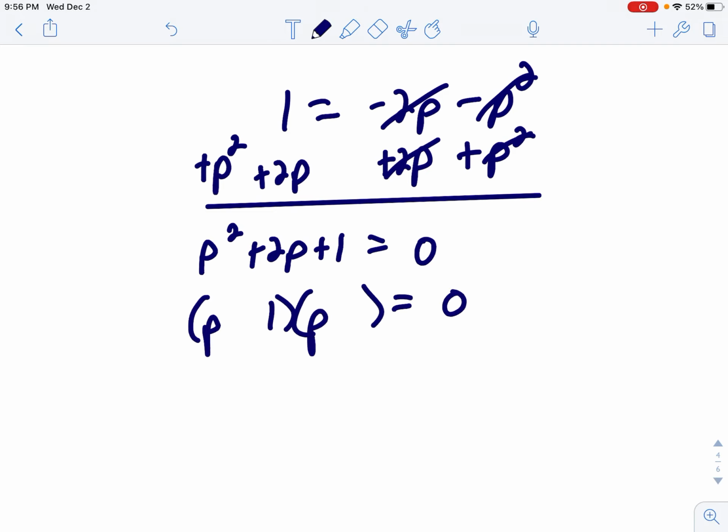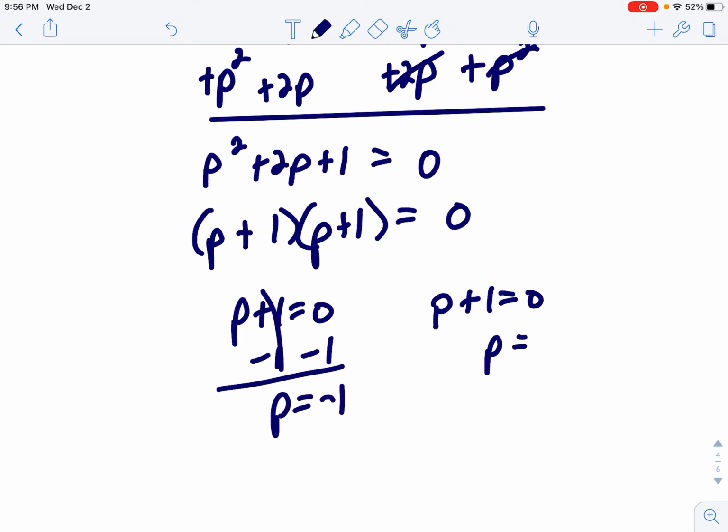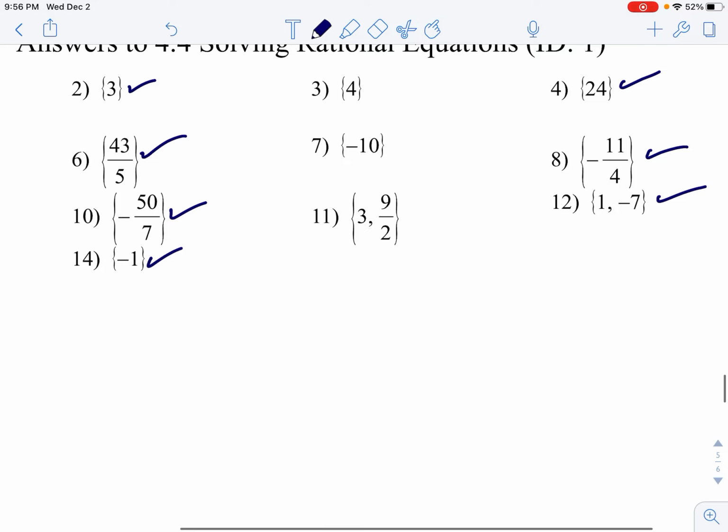P times p, 1 times 1, 1 plus 1 is 2. Technically, you're supposed to set each one of these equal to 0, but of course they're the same, so when you solve them, you're going to get the same answer, p equals negative 1. So p equals negative 1 is the answer. You don't really have to write it down twice, and there it is.